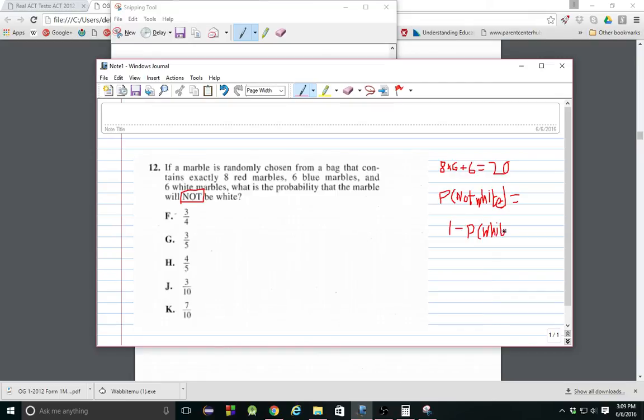What is the probability of white? 6 over 20, which equals 1 minus 6 over 20. What does that equal? Well, that's 14 over 20, also known as 7 over 10. The answer is K.